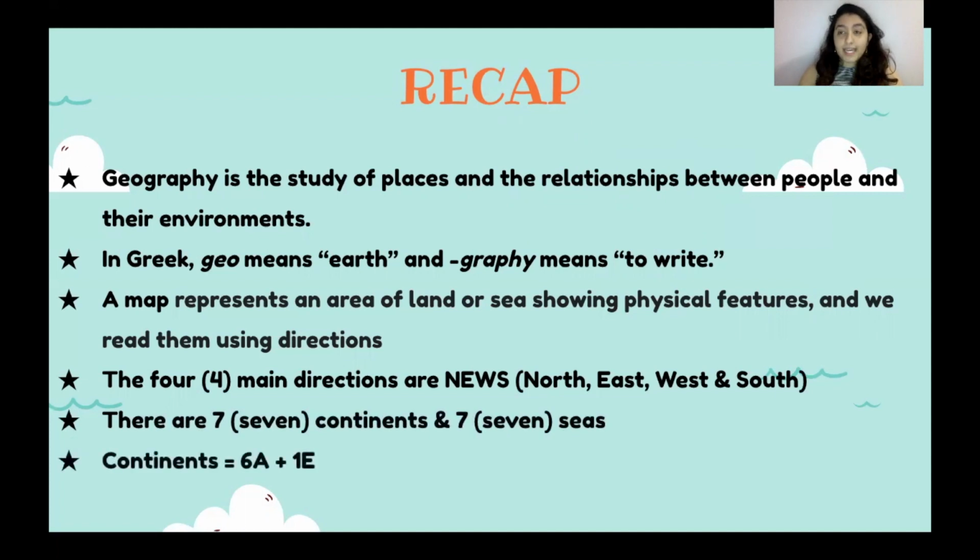The continents can be remembered using the 6 A's and 1 E, which I had mentioned earlier, which is Asia, Australia, Africa, North America, South America, Antarctica, and the 1 E stands for Europe. The seas and the oceans have the acronym Ice Papa, which connects to the 7 seas, which are the Arctic Ocean, the Indian Ocean, the Southern Oceans.